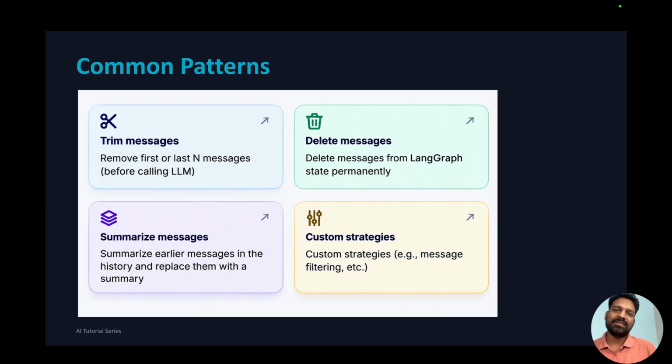Summarize is like giving the message list to another LLM and asking it to summarize it, then storing whatever summary we get into the history and deleting all the previous messages. Custom strategy is giving your own filtering logic, and whatever messages get filtered, only those you will delete. So here you can define your own logic to reduce the message list.